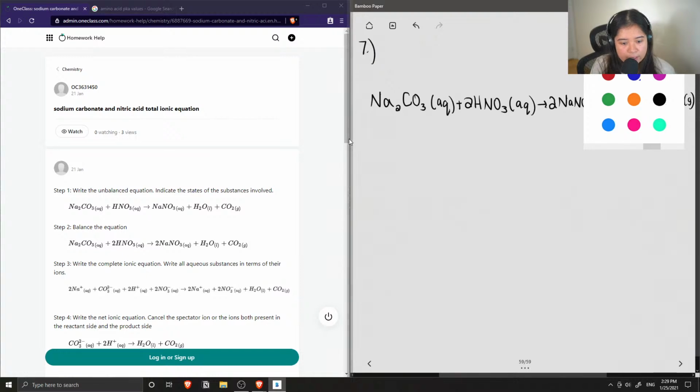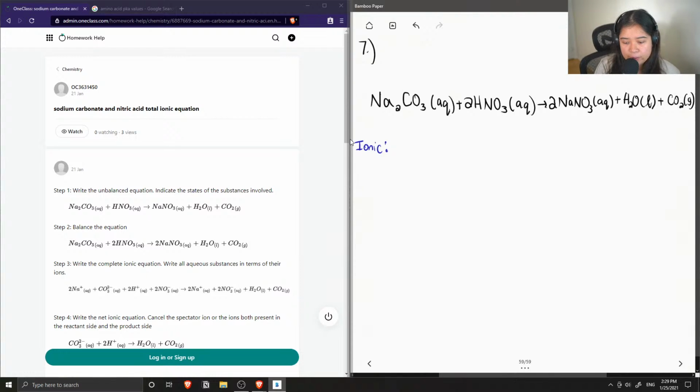So now we just need to write out the ionic equation. And pretty much everything that is in its aqueous form will be separated into its ions. So when sodium carbonate is separated into its ions, we get 2 sodium plus ions and 1 carbonate ion that has a 2- charge.